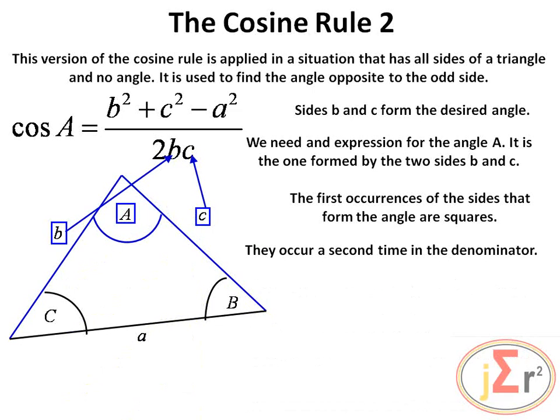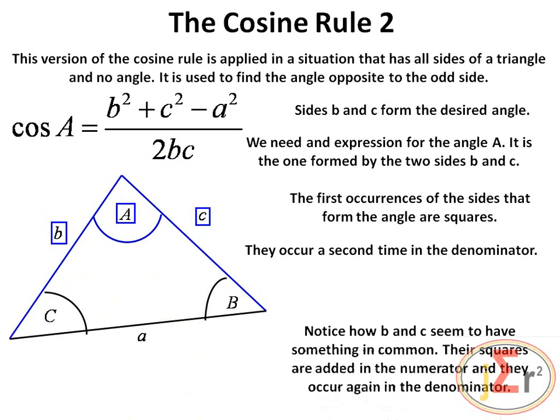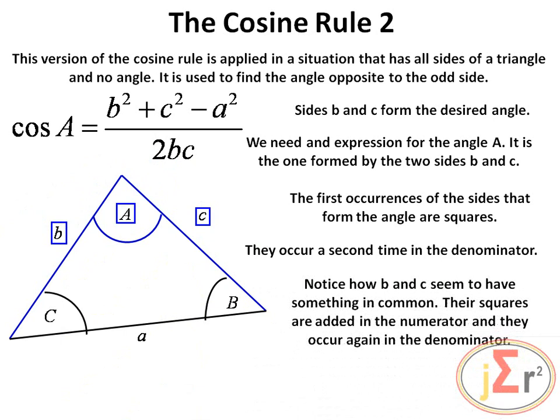And we have other occurrences also in the denominator. So notice how B and C seem to have something in common. Their squares are added in the numerator and they occur again in the denominator.